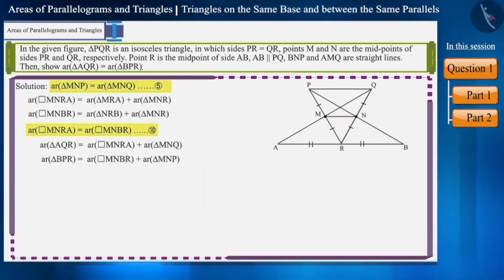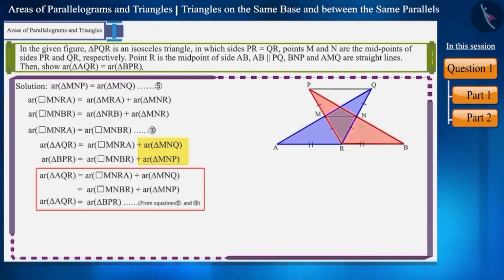Now look at these equations carefully. The areas of the two quadrilaterals MNRA and MNBR are equal. And we saw that the two triangles MNP and MNQ are also equal. Therefore, we can say that the areas of these two triangles are equal. Thus, we have proved this.